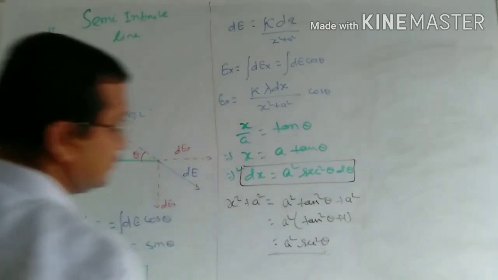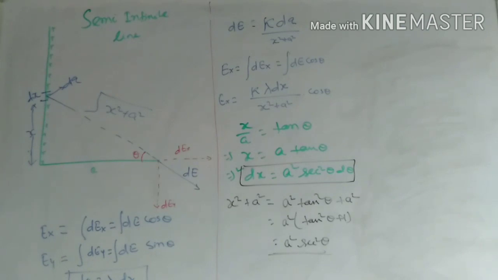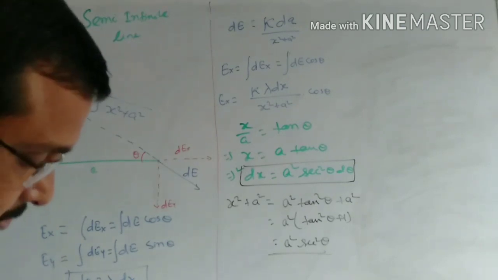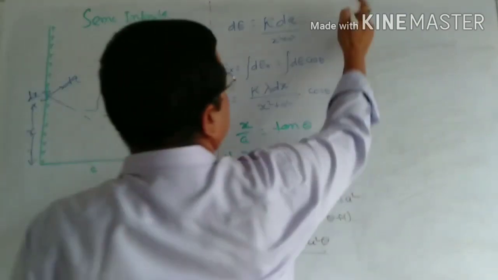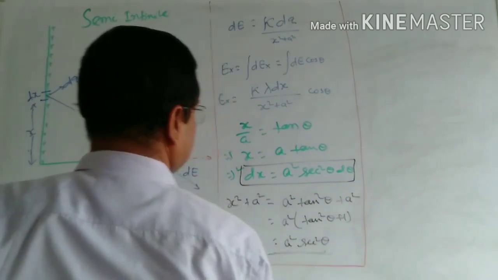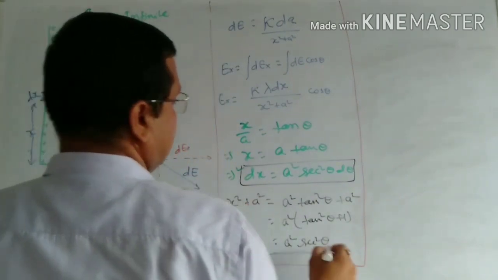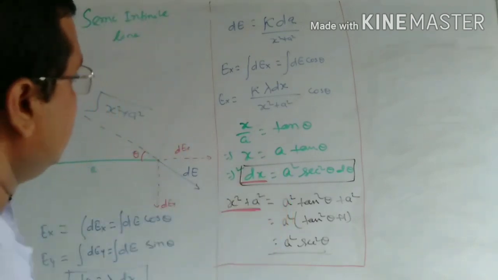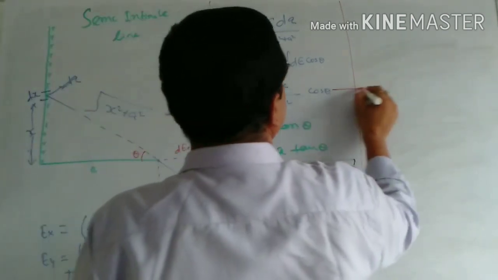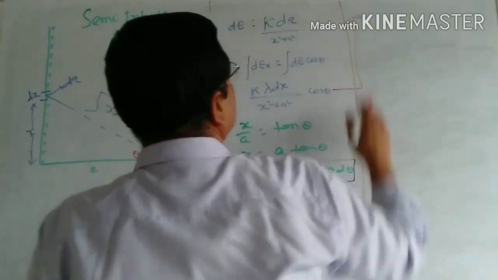That is fine. Now we have x square plus a square and dx, so putting the values in this equation, what will happen?